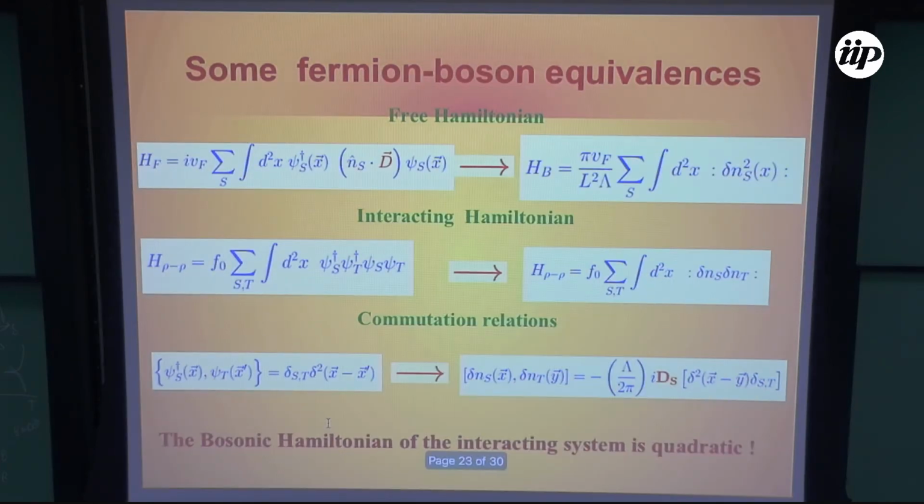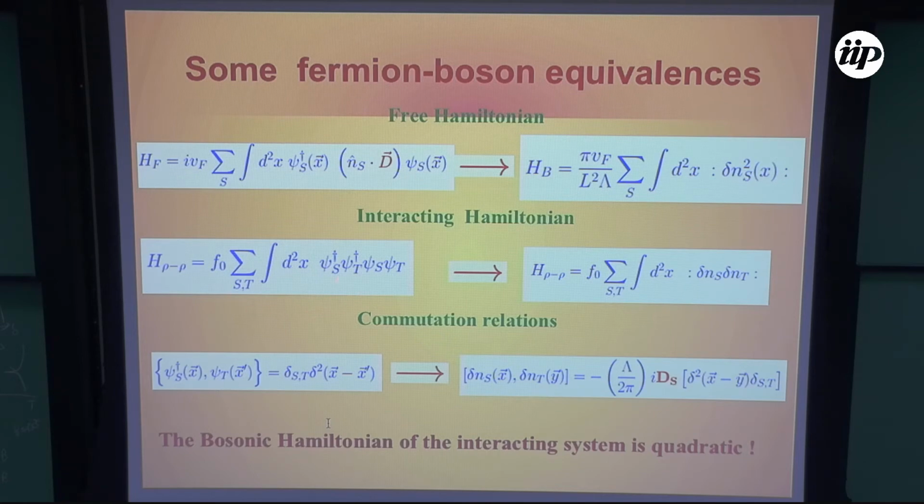And now that you have the technique, you can bosonize in principle any Hamiltonian, at least with four-way scattering. You see that the free part of the fermionic theory is mapped into a quadratic bosonic theory.